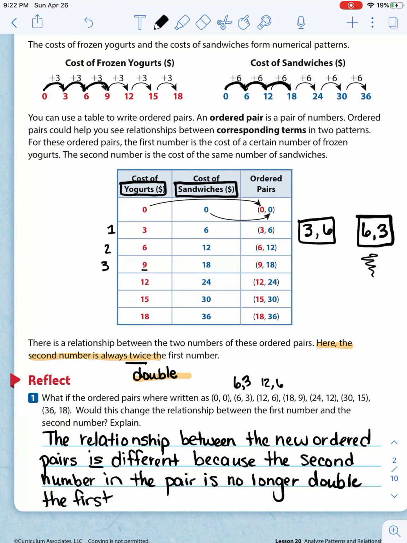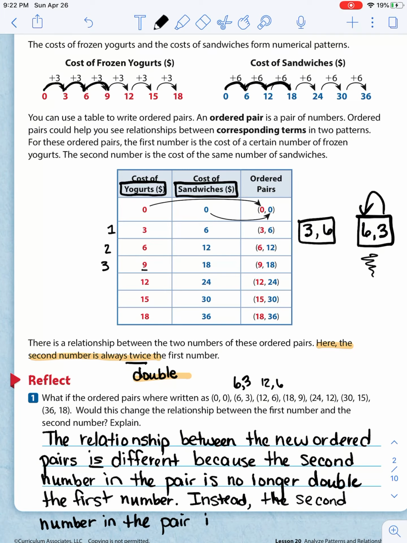You see that? 3 is not double 6. Instead, the second number in the pair is half the first number.